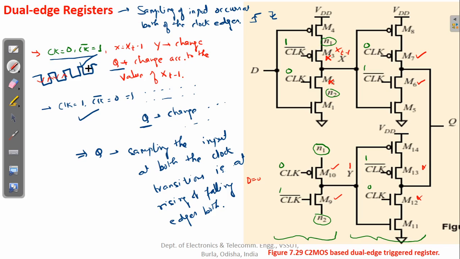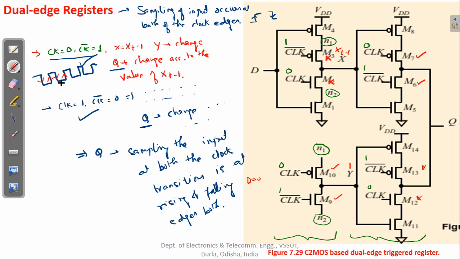At all these edges the sampling is occurring. Earlier we had capturing of data occurring either at positive edges leaving the negative edge or vice versa. So as compared to those, here the rate of activity has doubled.